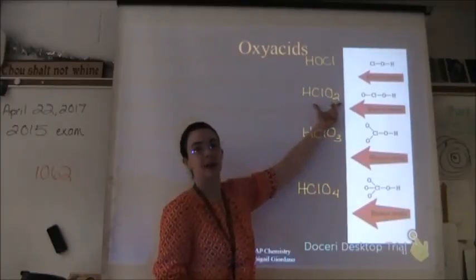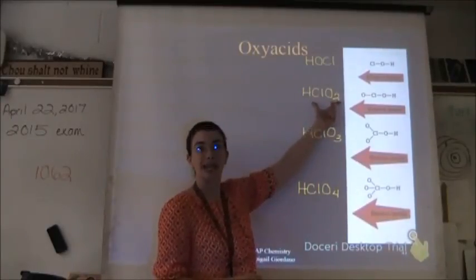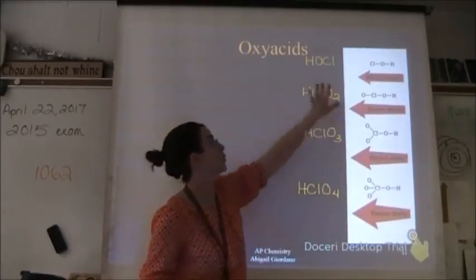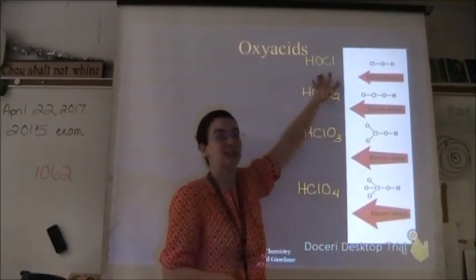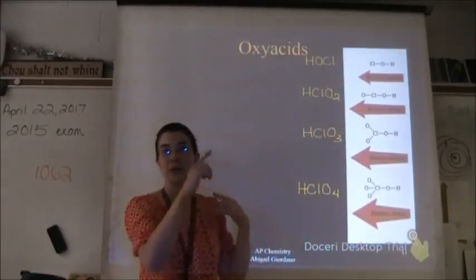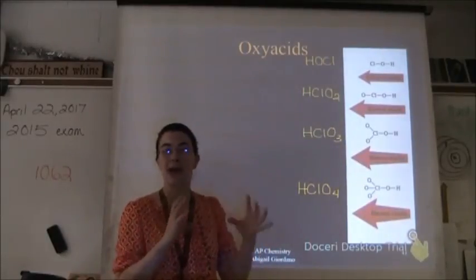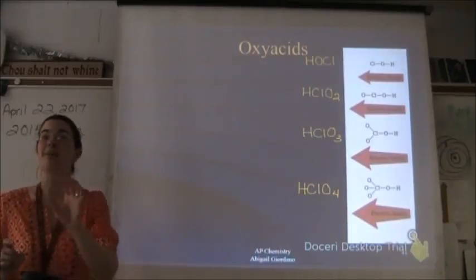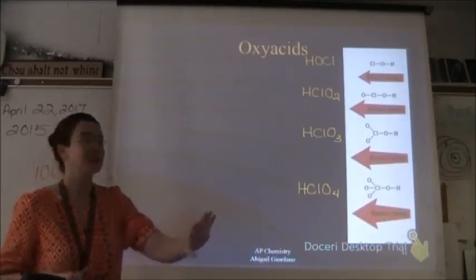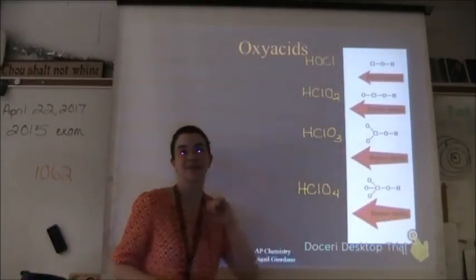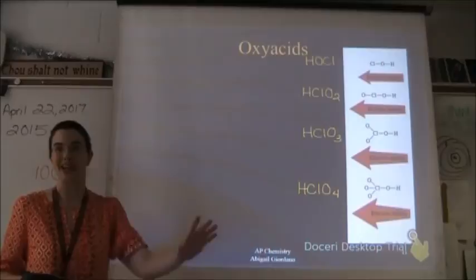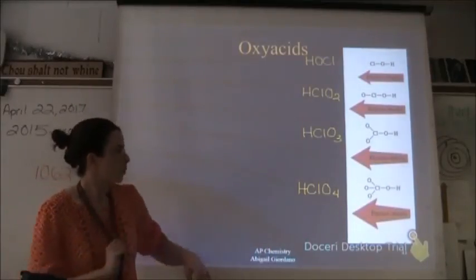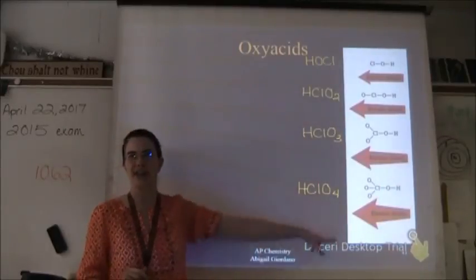What's this polyatomic? Chlorite. So this acid is chlorous. Now this is one no one ever remembers. What's OCl or ClO with a -1 charge? Remember that polyatomic ion? No one ever remembers this one. It's called hypochlorite. So what's the name of the acid? Hypochlorous.